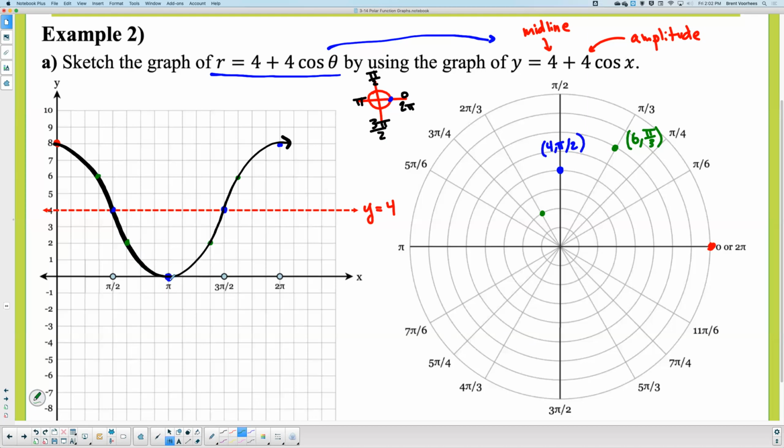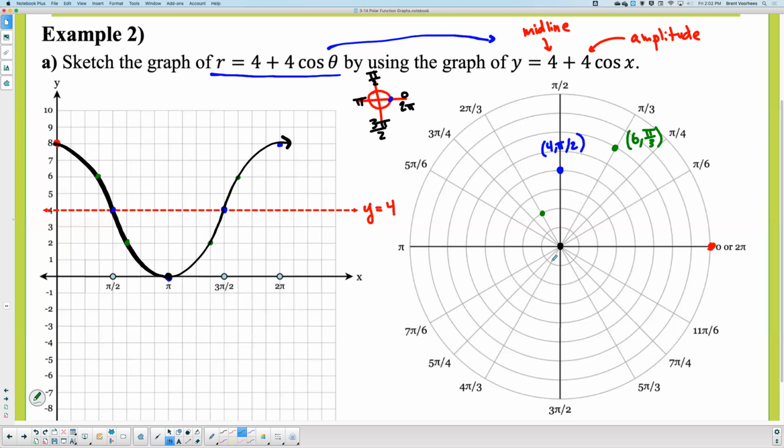Now at pi, we are at 0. That means we're on the pole. You know what? I'm going to change this one to black so it stands out. We are on the pole at pi. And now I come back around. This is again the pi over 3. So at 4 pi over 3, I have a value at 2.